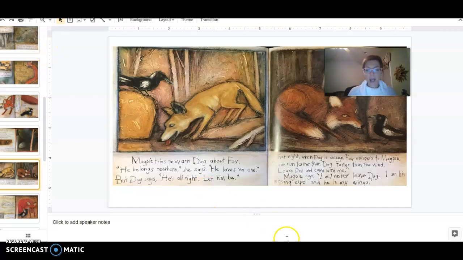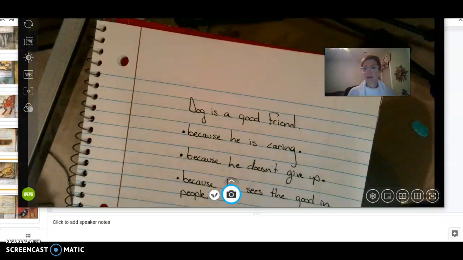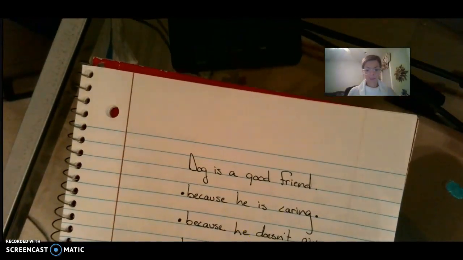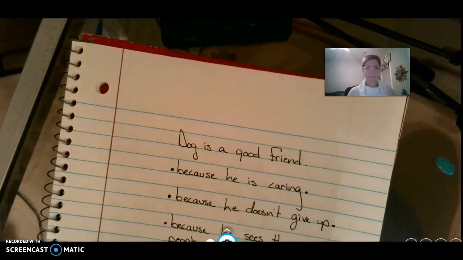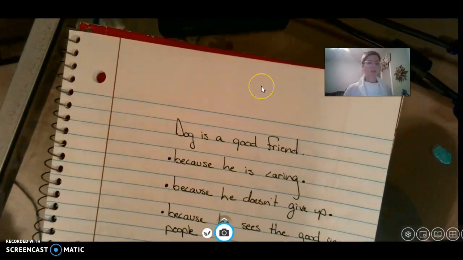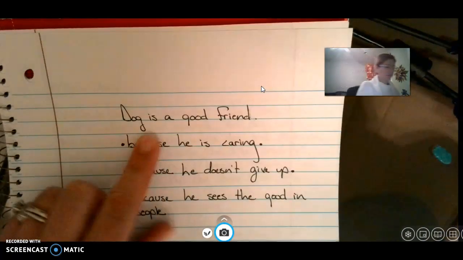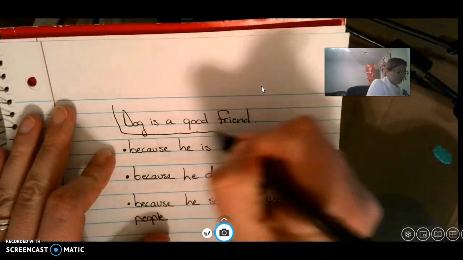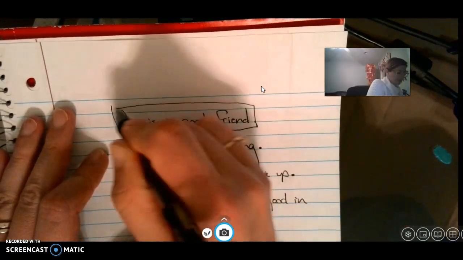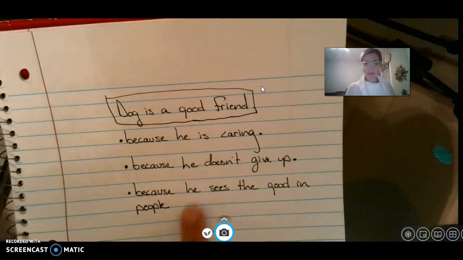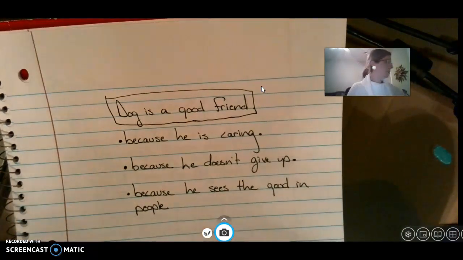Let me flip to my notebook here. Hang on just a second. Okay, so here is my thesis. And here are a couple of reasons that I came up with. I'm going to look at because he sees the good in people.